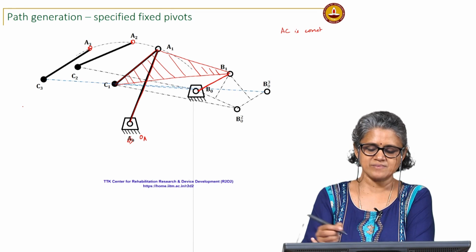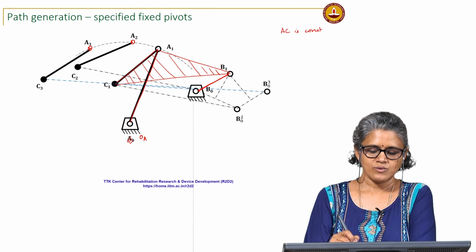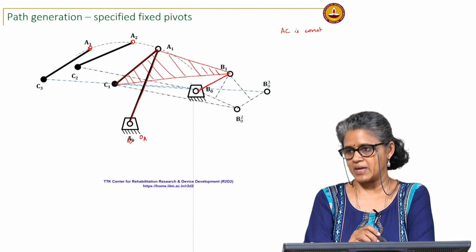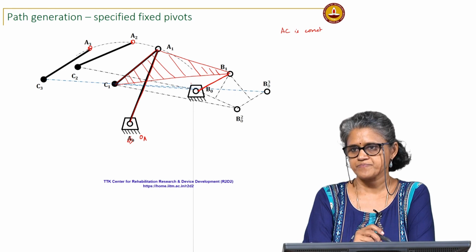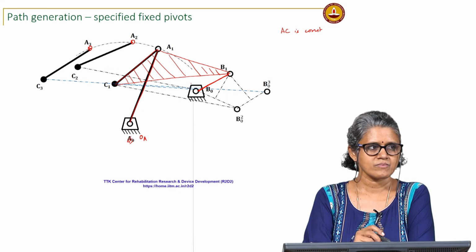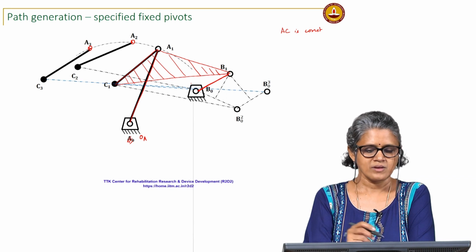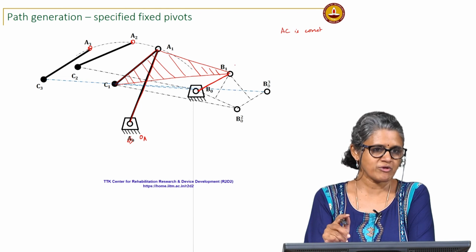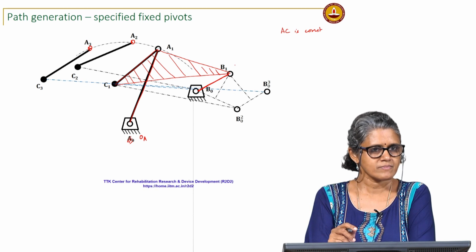His question is, we can transfer the distances or the relative location of B with respect to A. You can do that. Okay. So, from there you will still get the same moving pivot B.